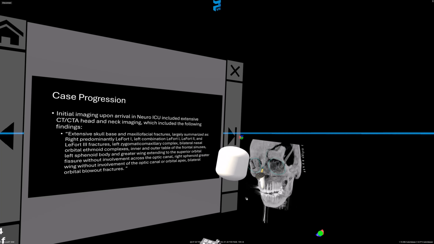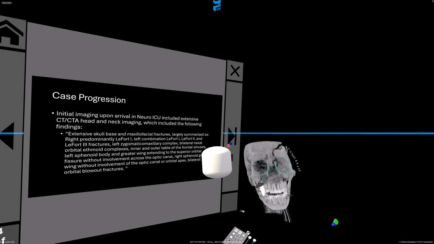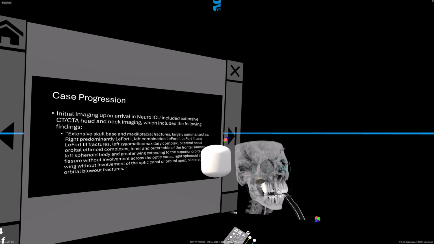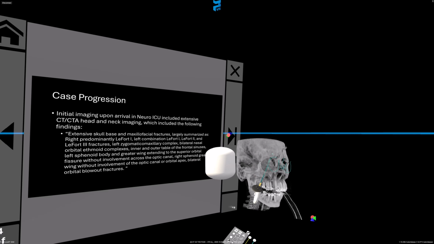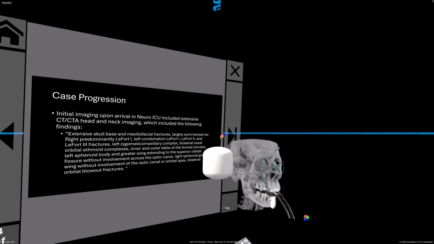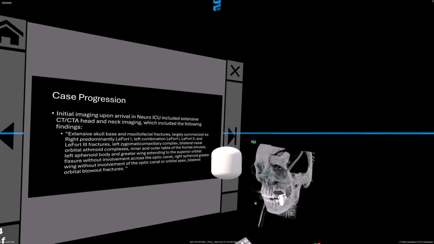The nose and the nasal bones are a little bit harder to see, but there are some more fractures and injuries right there as well. Additionally, there is some injury on the right side, although as denoted in the CT reading, the right side was a little bit less severe in terms of the presentation and the fracture than the left.